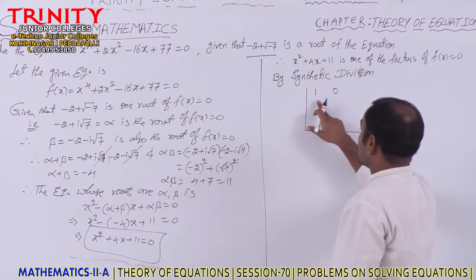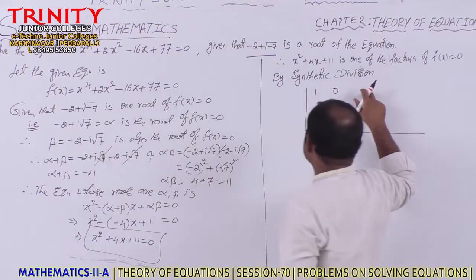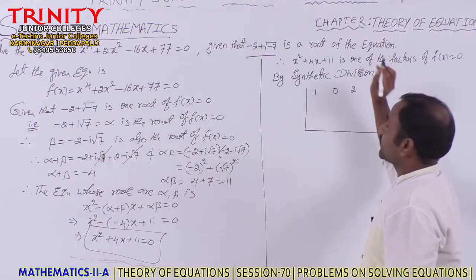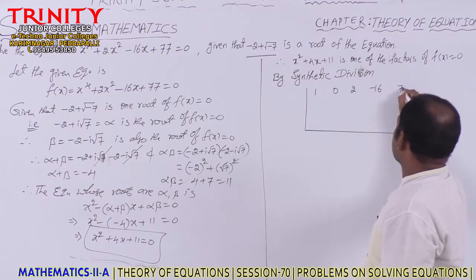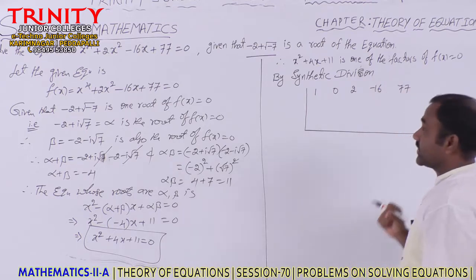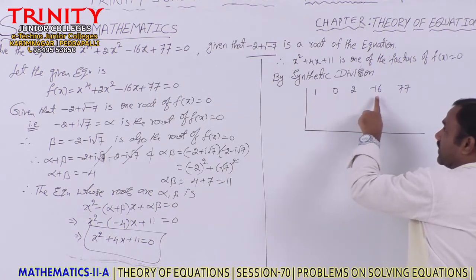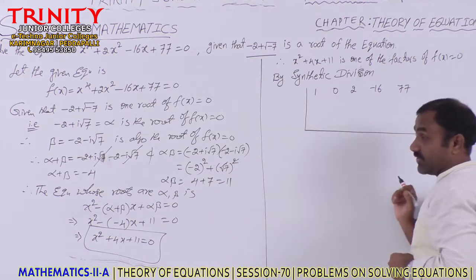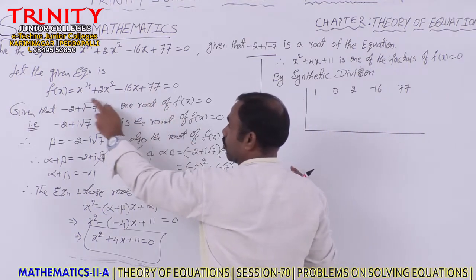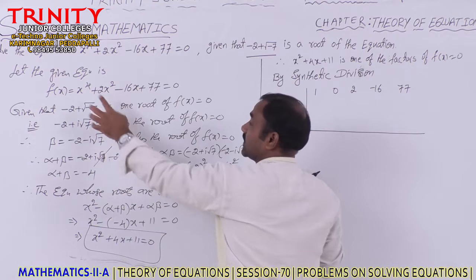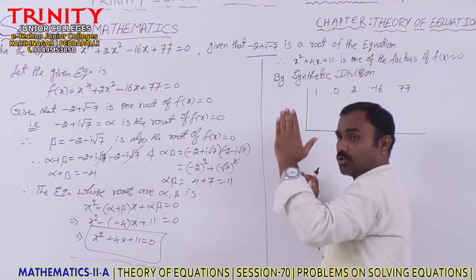x power 4, then x cube, then x square. The x square coefficient is 2, x is minus 16, and the constant is 77. See, x power 4, x cube, x square, x, constant. It is very important. We should be very careful while writing the coefficients, because we have to go in order from the highest power to the constant.